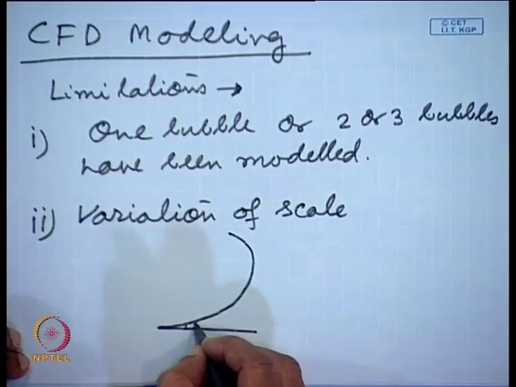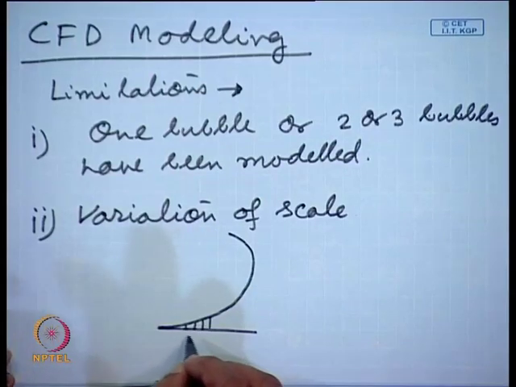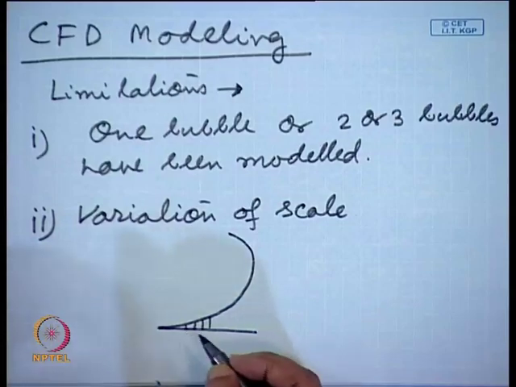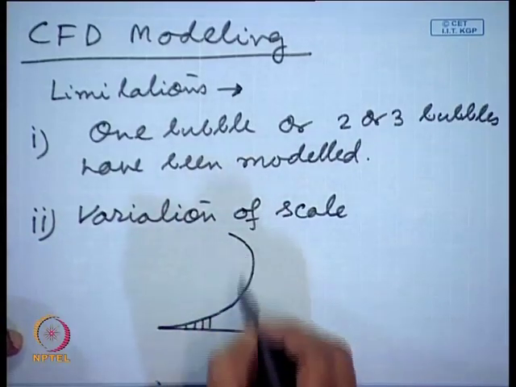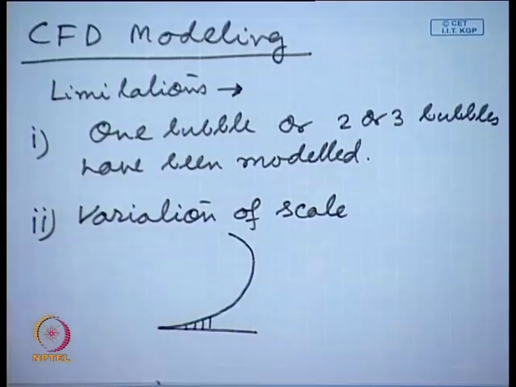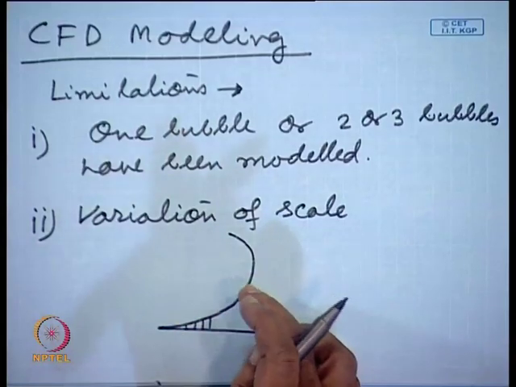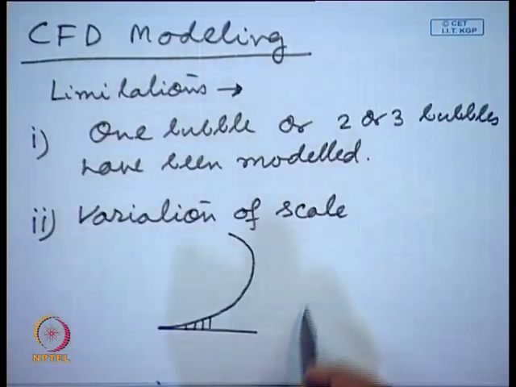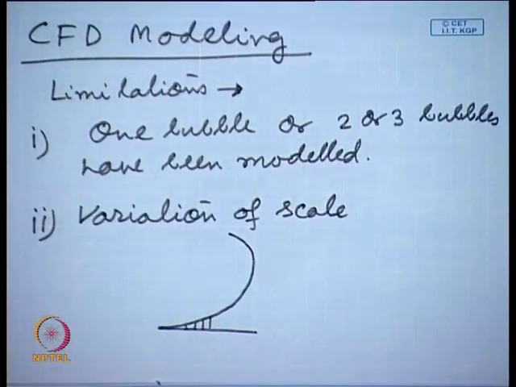Here the liquid layer is very thin and it can even go to the molecular level, and then from the molecular level we have to go to the level of the bubble, and not only the bubble, we have to take some amount of surrounding fluid. So, there is a variation of scale. Unless we take a multi-scale approach, this simulation cannot be done properly.